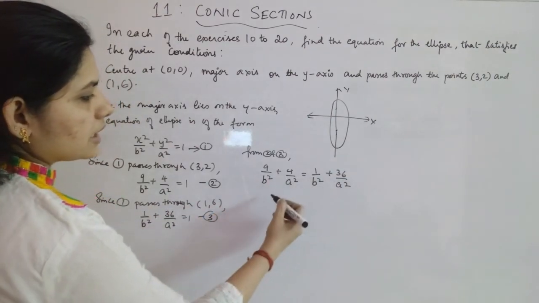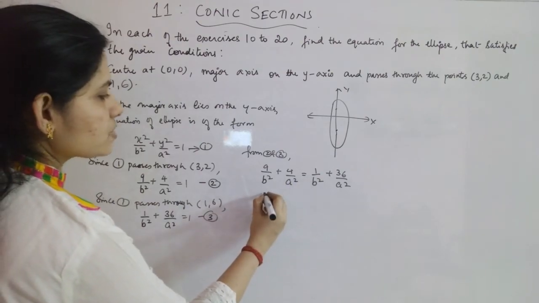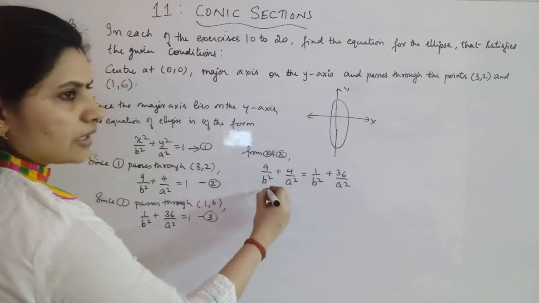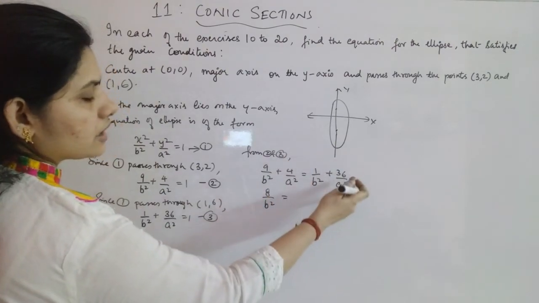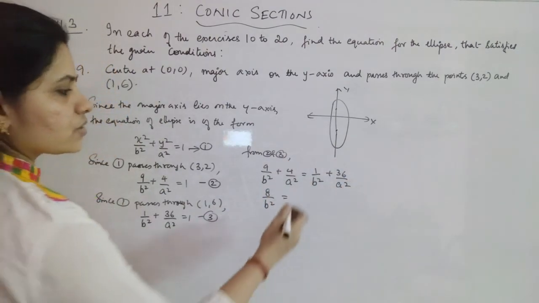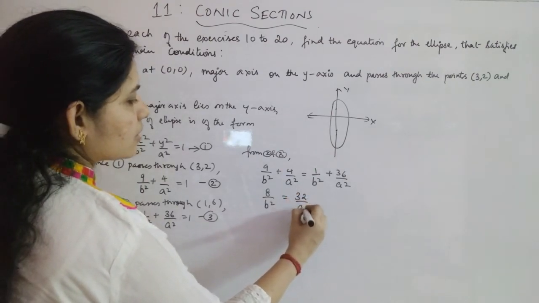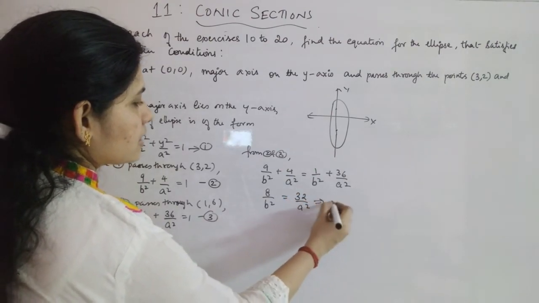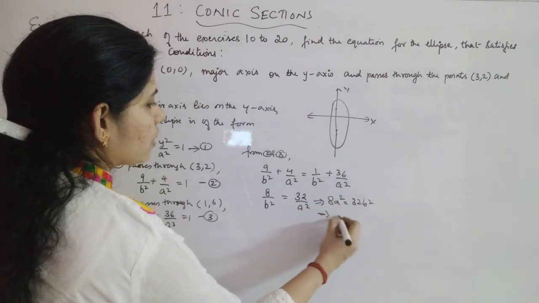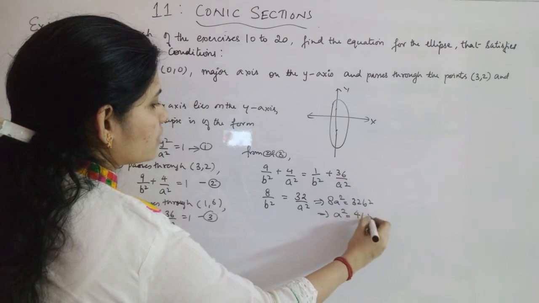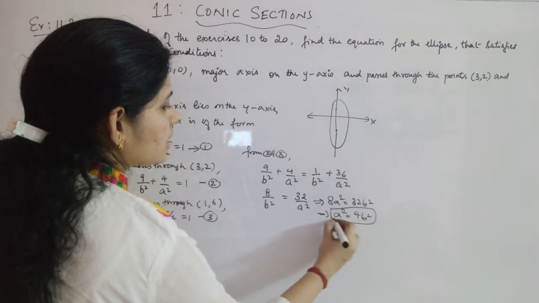Now, here I am just collecting the b square term. So, you will get 9 by b square minus 1 by b square, which is 8 by b square, and 36 by a square minus 4 by a square will give you 32 by a square. So, that you are getting 8a square is equal to 32b square, or a square is equal to 4b square. So, this is the relation connecting a and b.